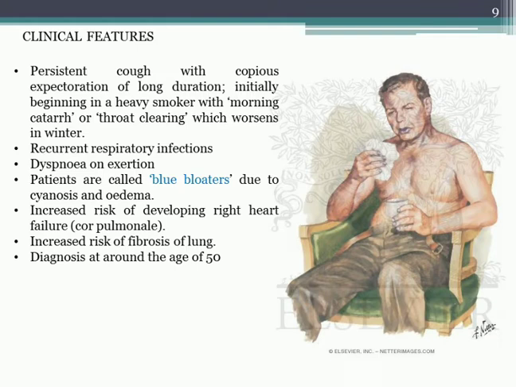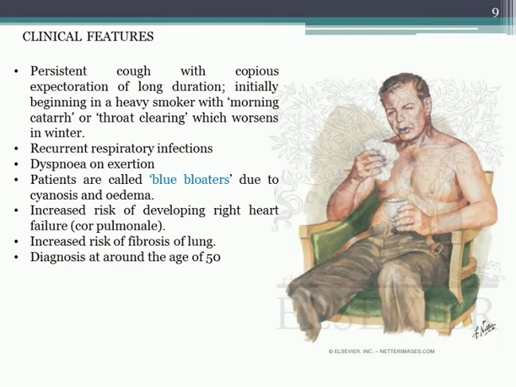So the edema and the extra force to breathe in make the patient a blue bloater. And persistent cough with copious expectoration of long duration is the key feature in chronic bronchitis.